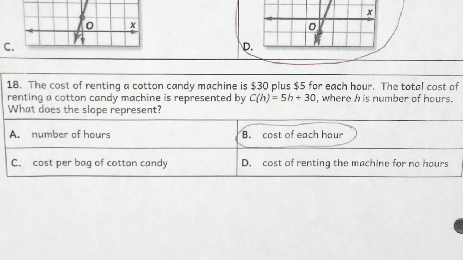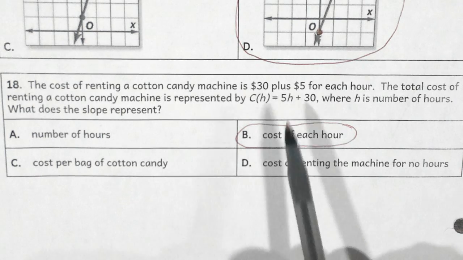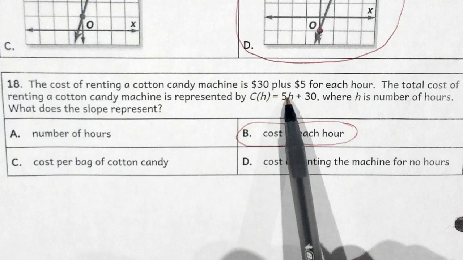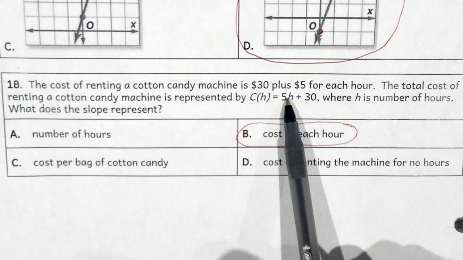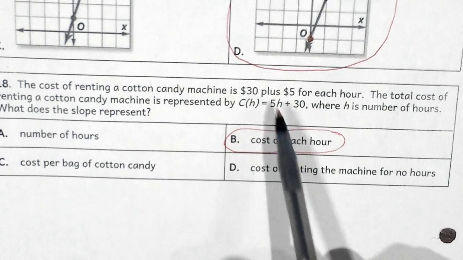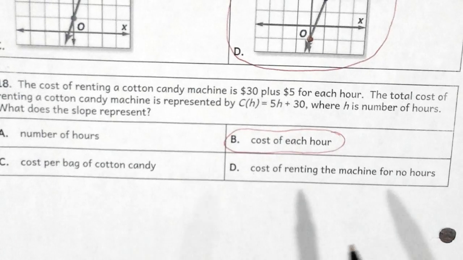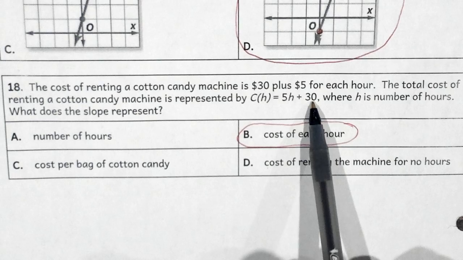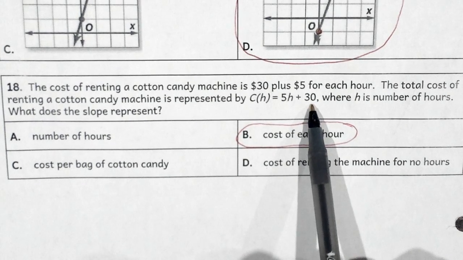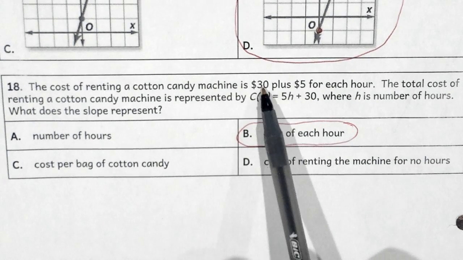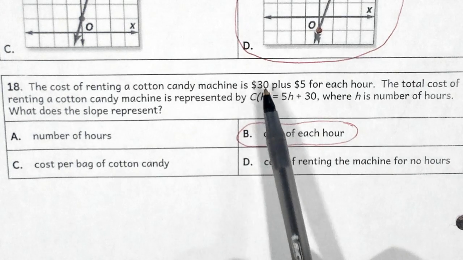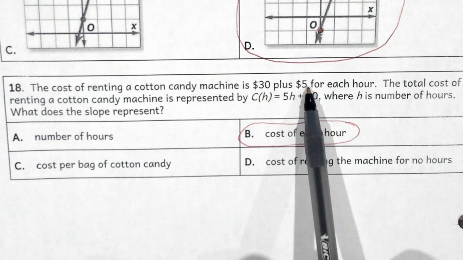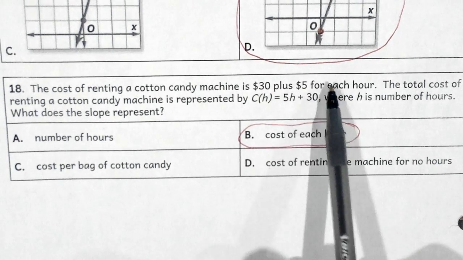Remember, when you think about it, our slope is always a rate, because we're talking about a rate of change. So slope always has 2 labels to it, cost per hour, where our y-intercept, our begin, that's just talking about our y, so that's only 1 label to it, $30. This is a rate, $5 per hour.